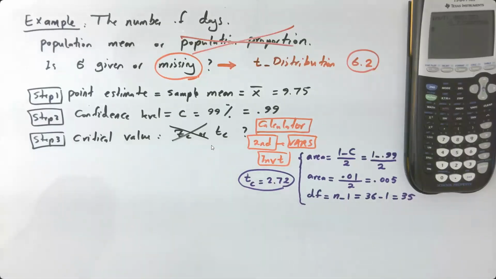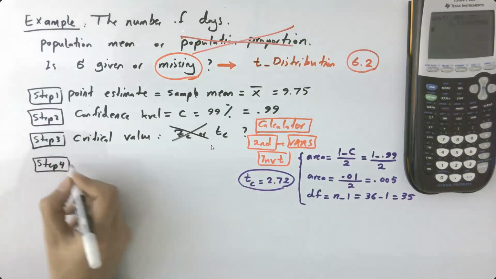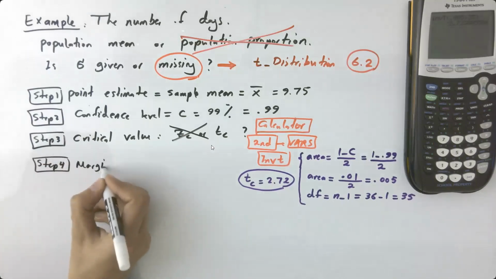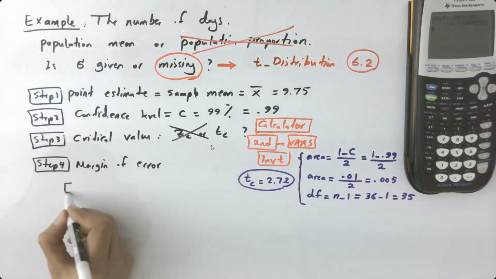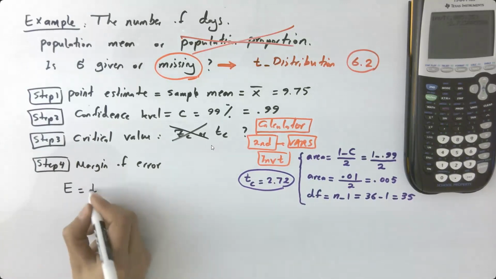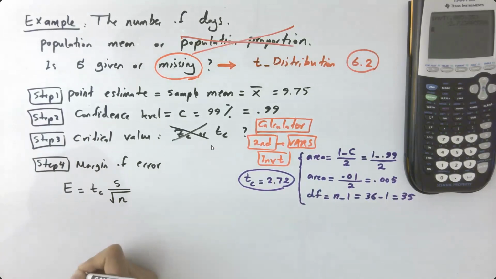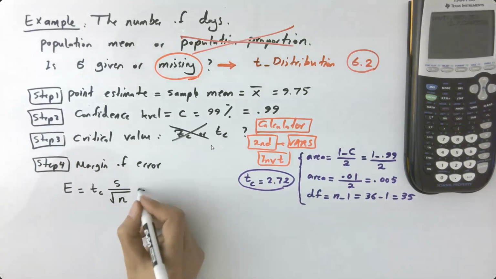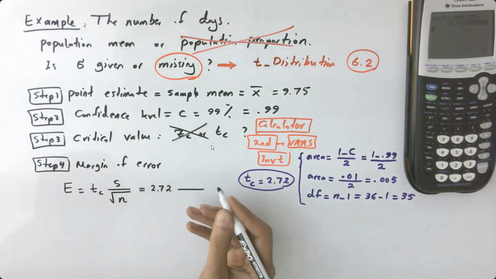Perfect. So what is the next step? In my next step, I'm going to compute the margin of error. Do I have a formula for that? Yes. E is equal to TC times S over square root of N. What is TC? 2.72. What is S? Well, I don't remember.